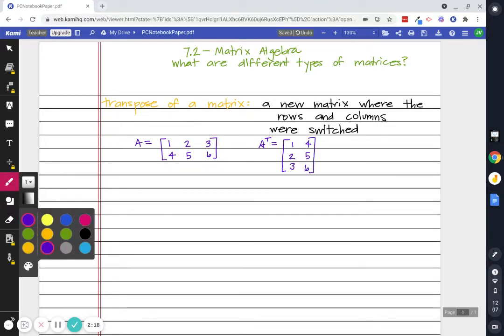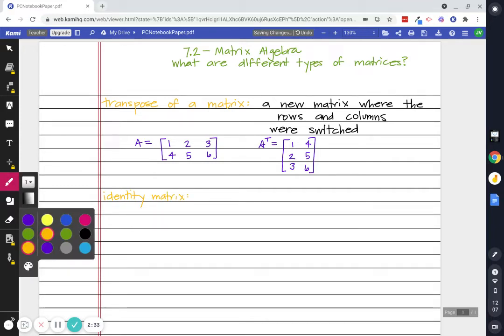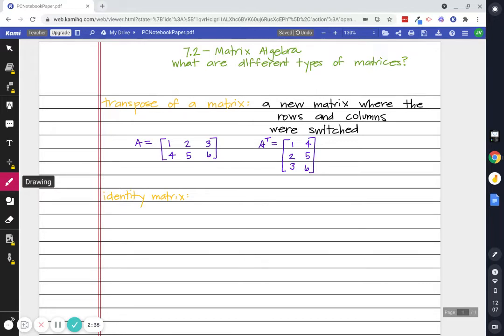Where we're going to spend our time is looking at the inverse of a matrix. But in order to talk about the inverse of a matrix, I just want to clarify a couple things with the identity matrix. The identity matrix is a square matrix, and it can be any size. So to show that, I'm going to say n by n, which is a square matrix, right?